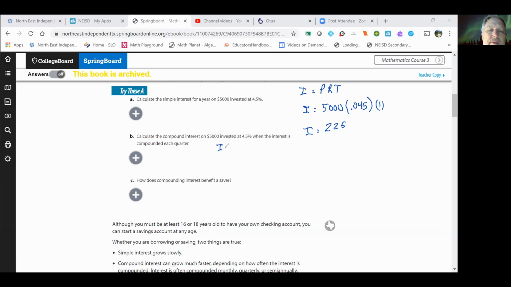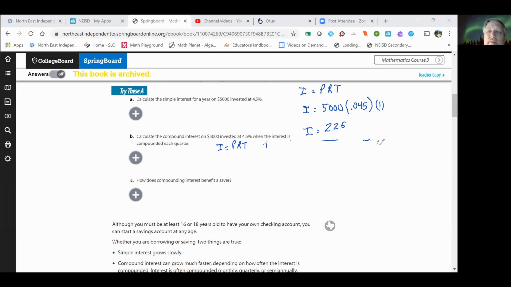The interest is equal to principal times rate times time, which is what we just calculated a moment ago. It's $225. Now we divide that by 4. 225 divided by 4 is equal to $56.25.